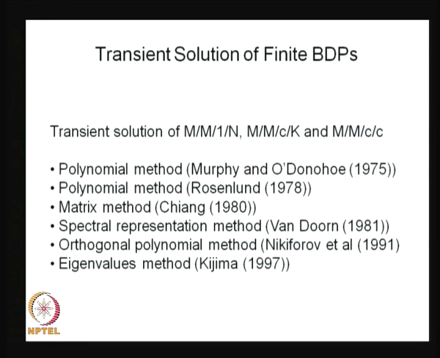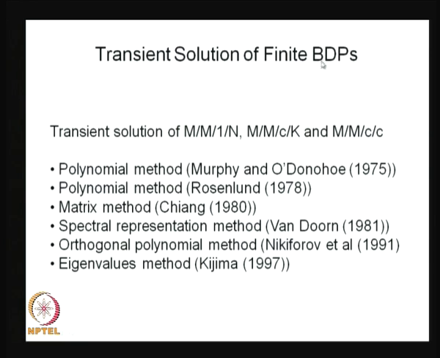Now, I am explaining the transient solution of a finite birth-death process. Using this, one can find the transient solution of the birth-death process for the models which I have discussed in today's class, MM1N, MMCK and MMCC also. So, the logic is the same.